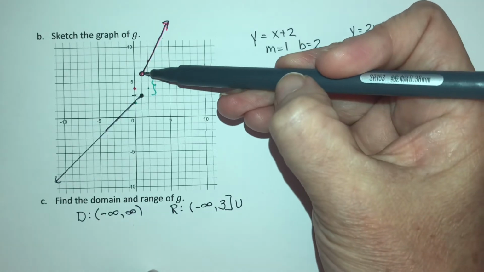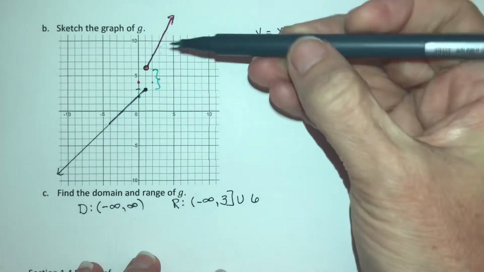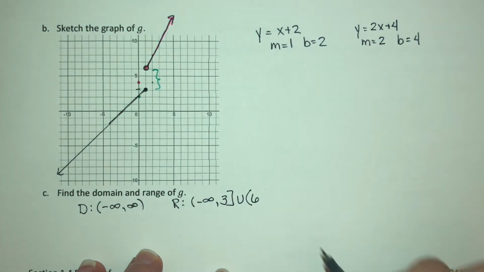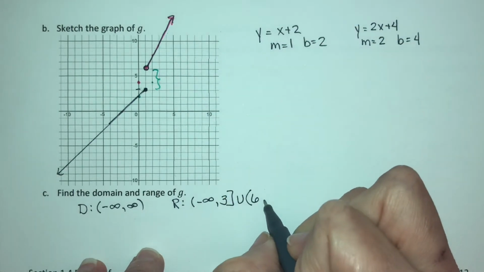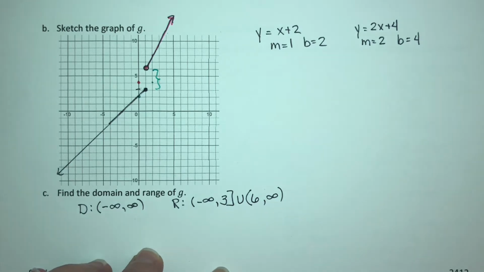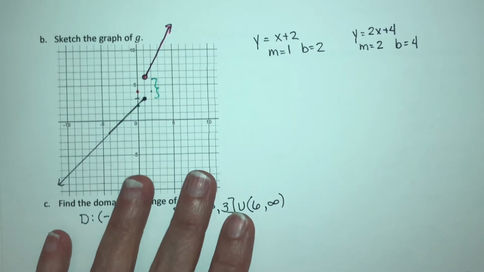My y value here is 6, but it is an open circle, so it is not included, so we use parentheses here. And then my graph goes up to infinity, so this is infinity right here. Okay?